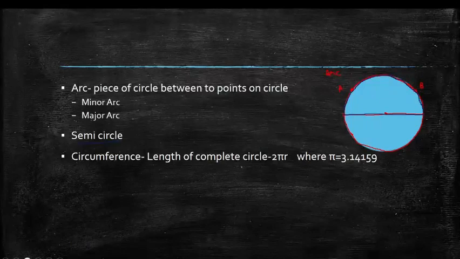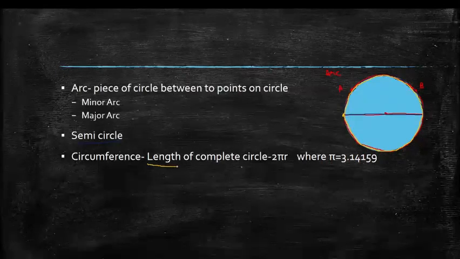Now let us see, if we move on the circle starting from here and we complete around and move back to here, this complete path is called the circumference, or we can say the length of the complete circle is the circumference.